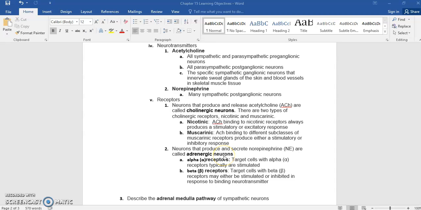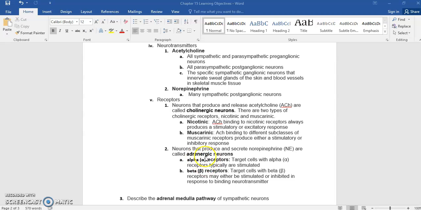Just like with the cholinergic neurons, when norepinephrine is released from the axon terminals of the adrenergic neurons and goes across the synaptic cleft, it could bind to an alpha receptor or a beta receptor.